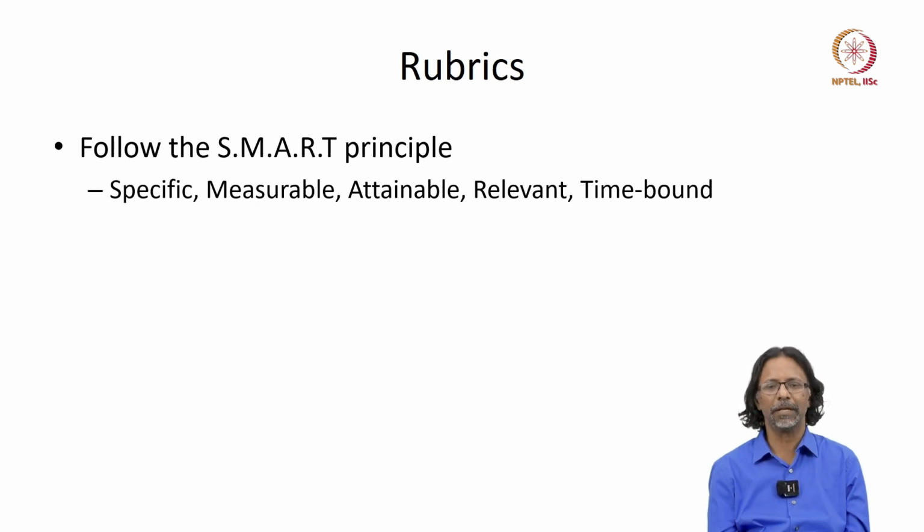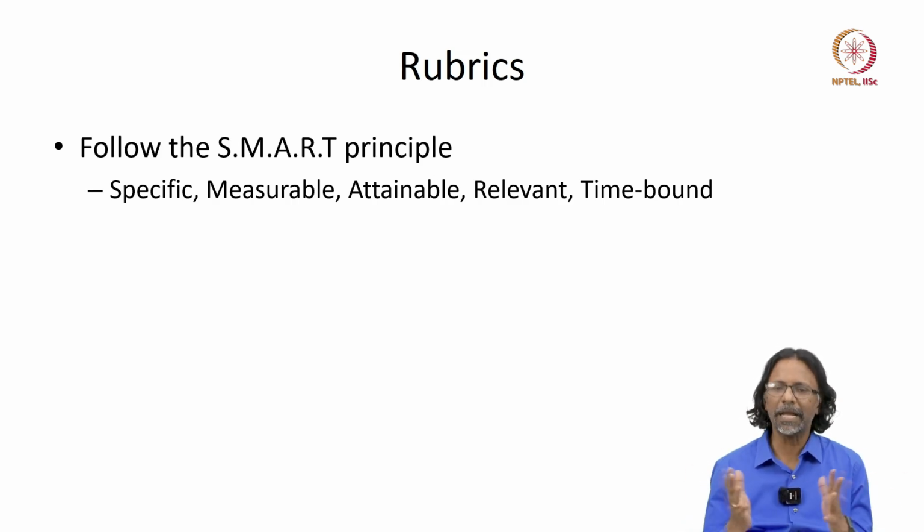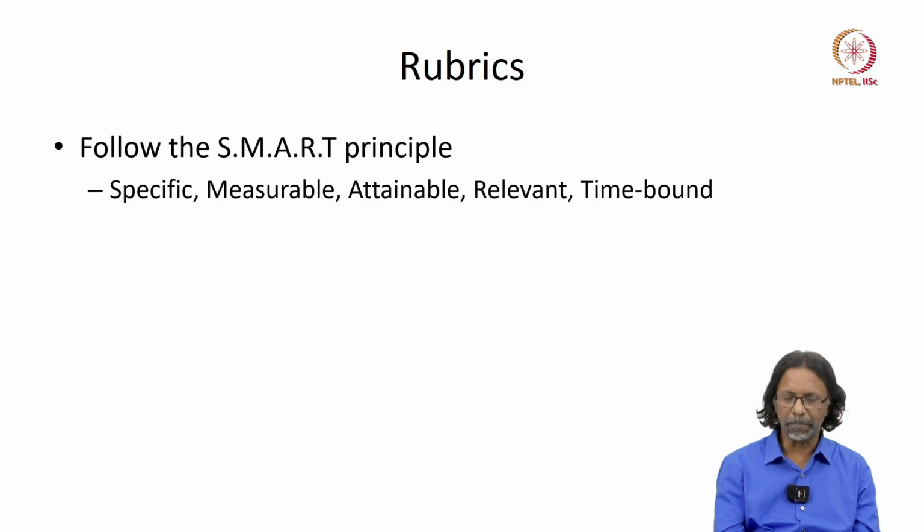So it has to be attainable and relevant to the job, and it has to be done in a time bound manner, right? That is why these parameters become a very important part of the rubric.